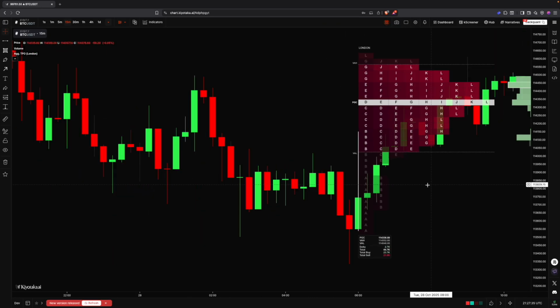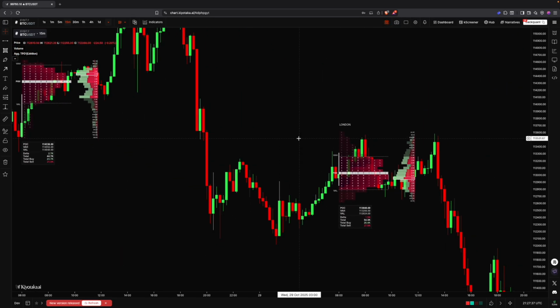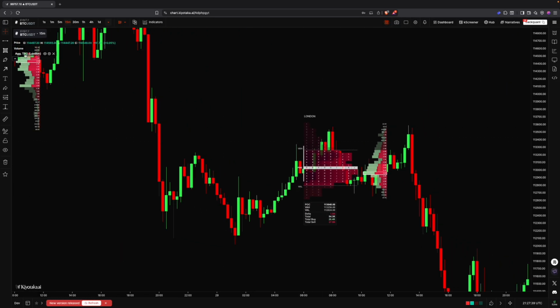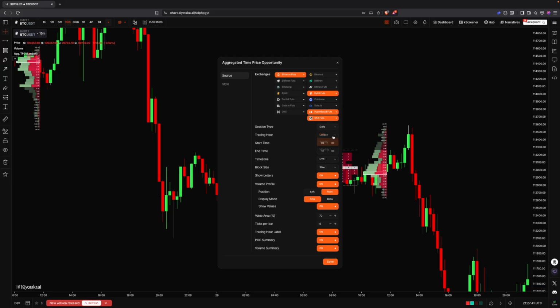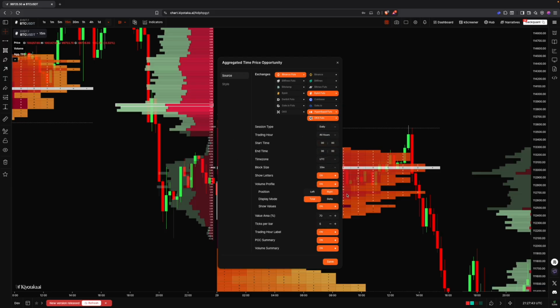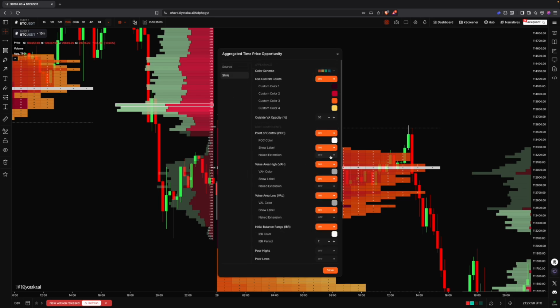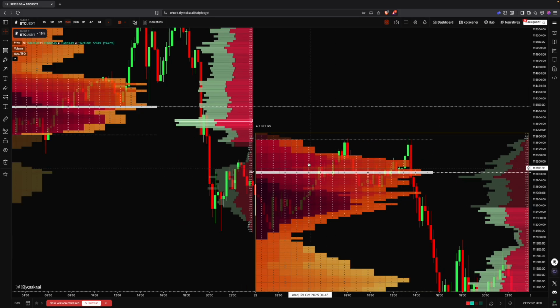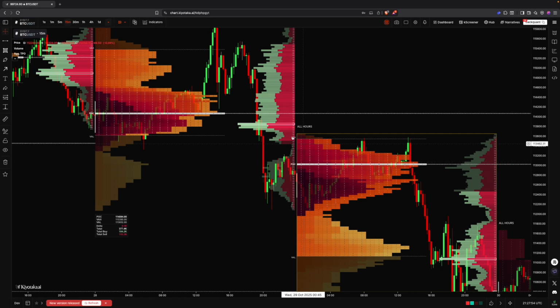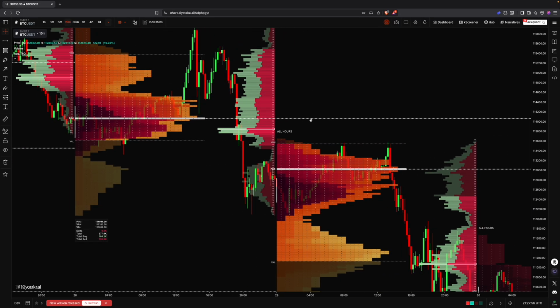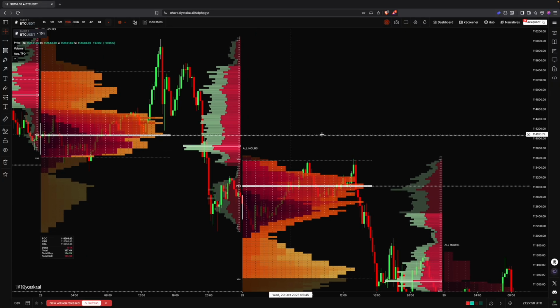Naked extensions was something I wanted to touch on briefly, and I'll go to all hours profiles to make it easier for us to see. So if I enable naked extensions on the point of control, what this is going to do is extend the naked value forward into time.